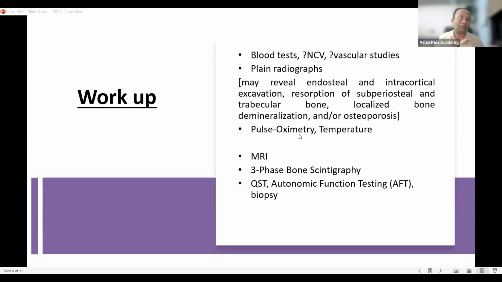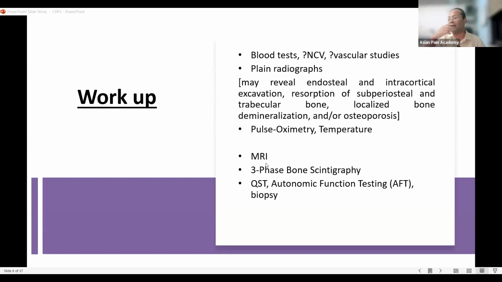Pulse oximetry, what will it show? The blood supply can be less or it can be more. Most of the time it is less. So you will see the plethysmograph has become less on one side. If the opposite hand is all right, you will see that one hand's plethysmography shows much less blood supply.